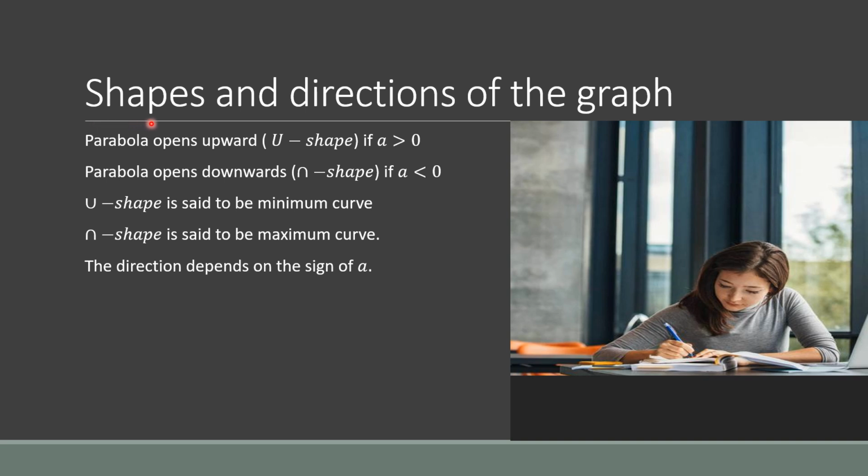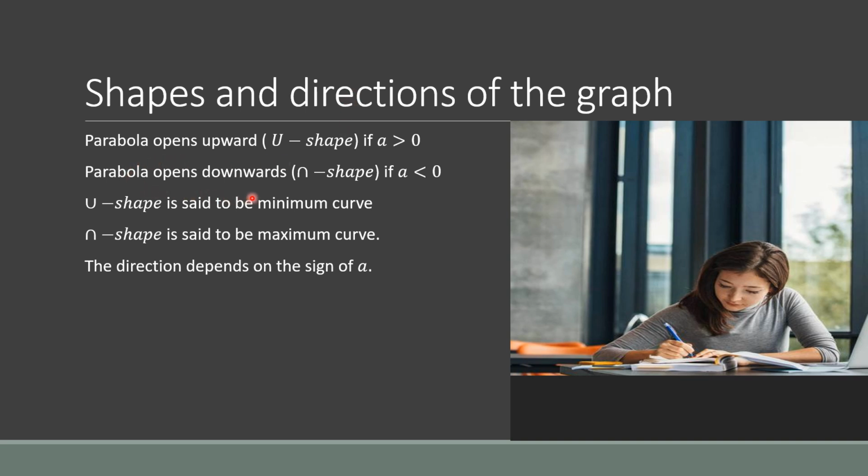Let's look at the shapes and direction of the graph of a quadratic function. Per what we've studied, it is in the form of a parabola which opens upwards. In this case, we are talking about a U-shape, and you only get the U-shaped parabolic curve if a is greater than 0, that is, a is positive, which means it is going to open towards the positive y-axis.